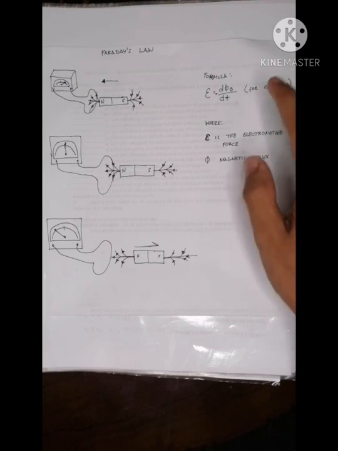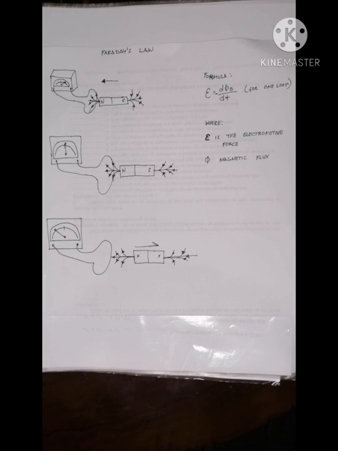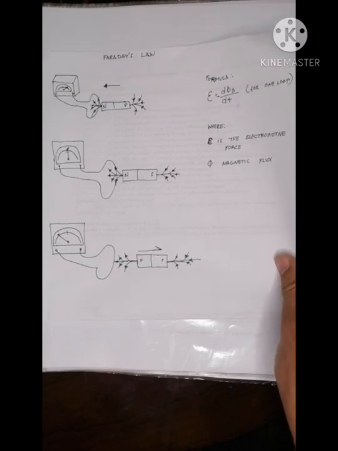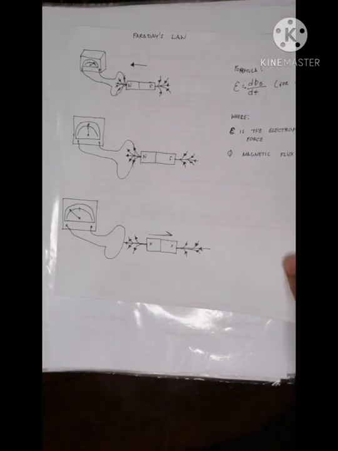So when there is a big change in our magnetic flux over a shorter time, it would result in a greater electromotive force. We can see that in our formula. This illustration is an example of a one-loop induced electromotive force.